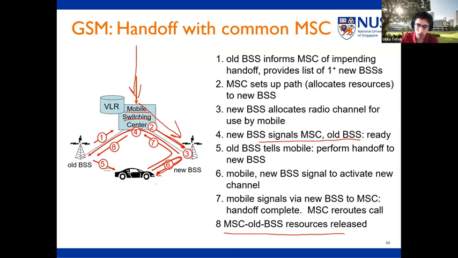So the point is for anyone that wants to connect to you, that wants to send packets to you, finding the correct route in the internet, in all the routers, in all the autonomous systems, finding the correct route to your new care of address. So that's the idea of mobile IP.